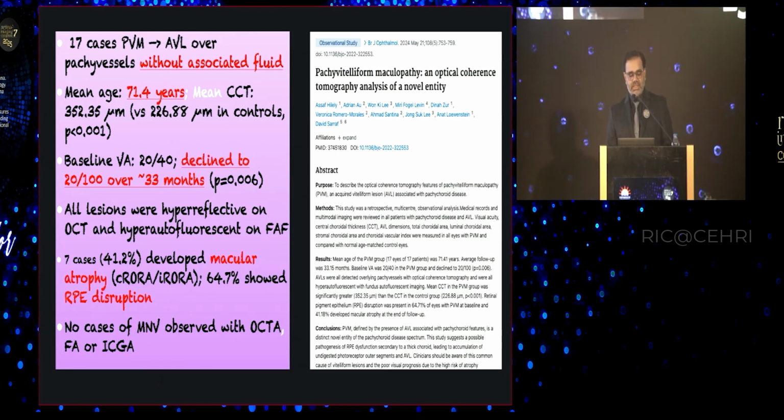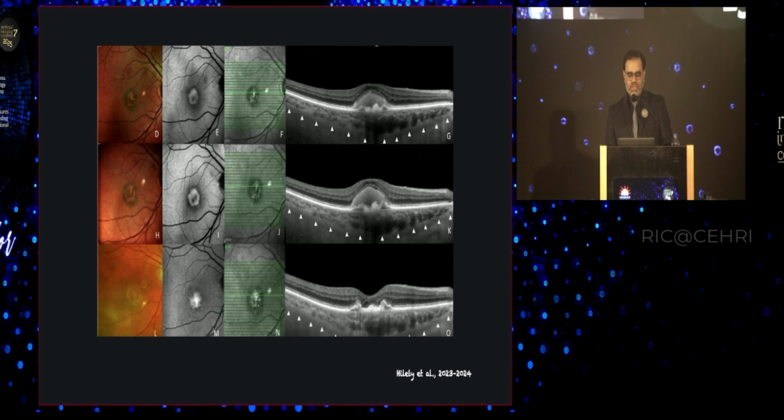In this study, the baseline visual acuity was 20/40, and over a span of 33 months, the vision dropped to 20/100. As mentioned in the definition, these were hyperreflective on OCT and hyperautofluorescent on FAF. In almost 40% of these patients developed macular atrophy, and 64% showed RPE disruption.